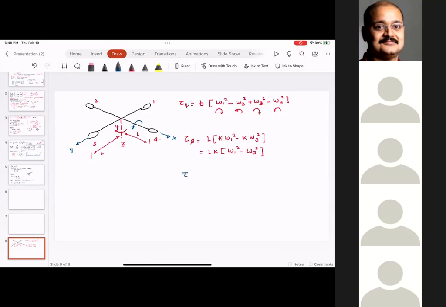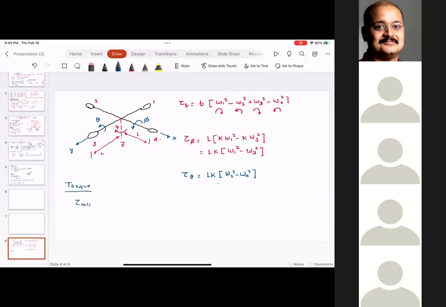Similarly, the torque in the theta direction, which is pitch, is going to be L k omega 2 square minus omega 4 square. So now I can write the equation down for the torques.